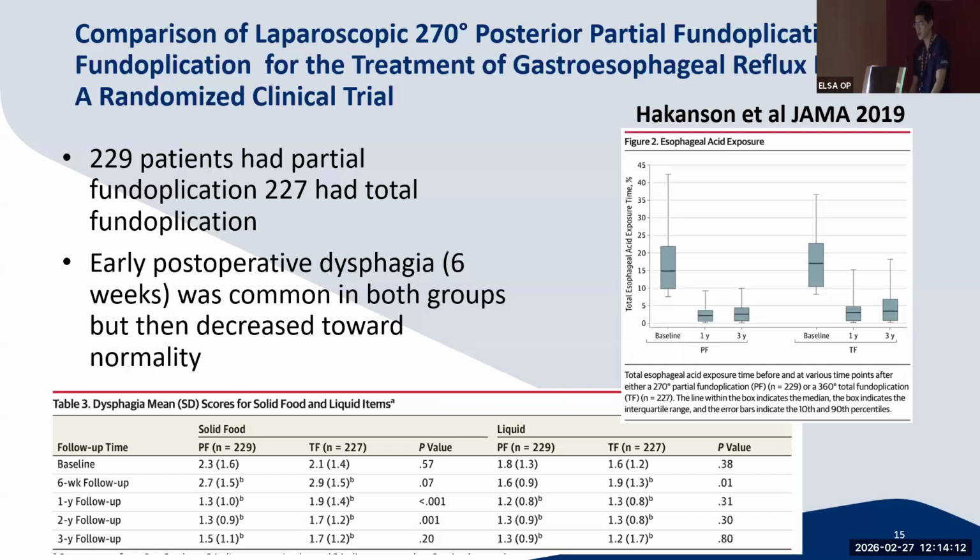So the Toupet group is actually much better in terms of dysphagia scoring for liquids as well as solids at 12 months, and both have quite good symptomatic as well as esophageal acid exposure outcomes after 12 months.